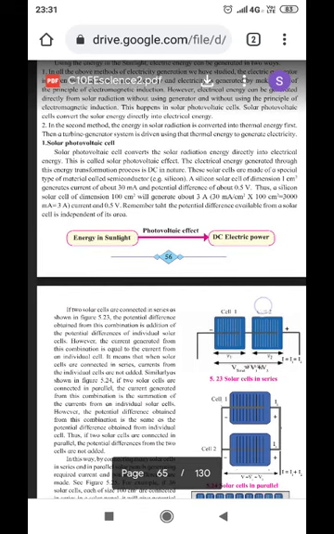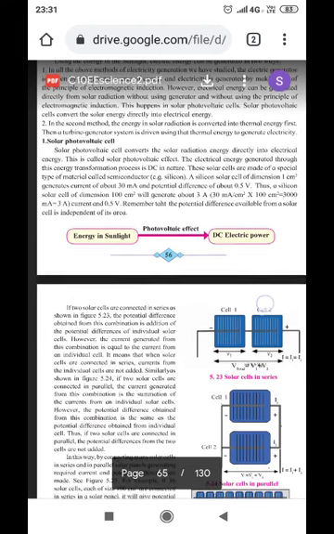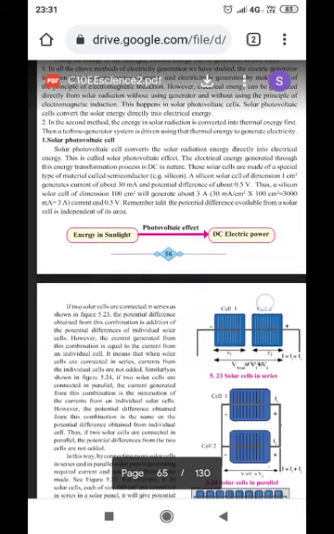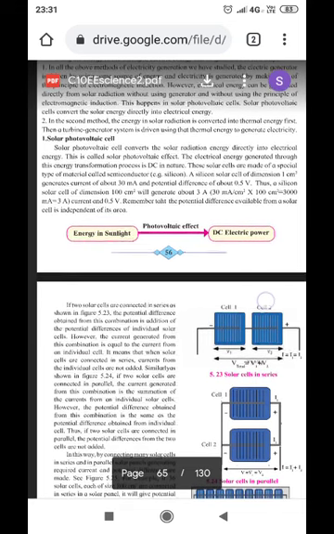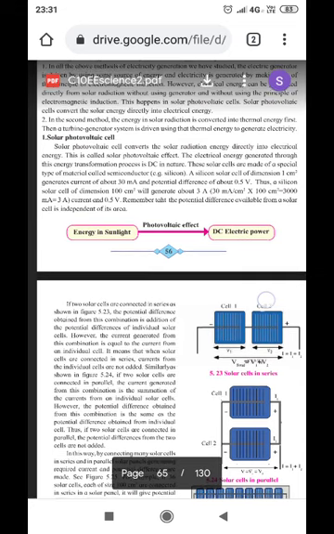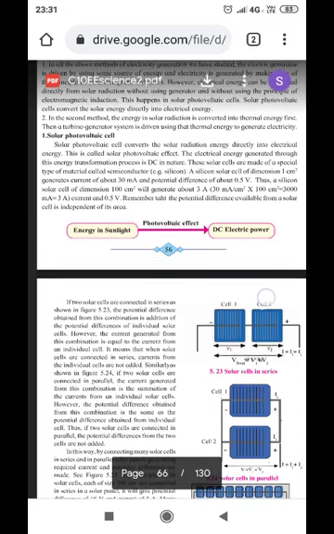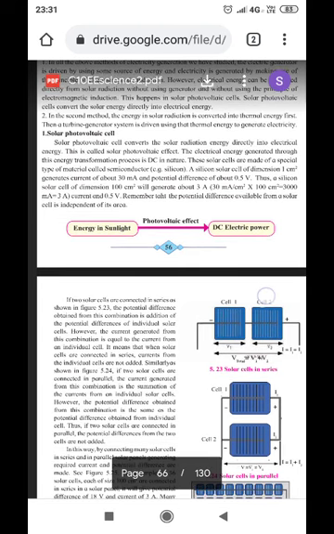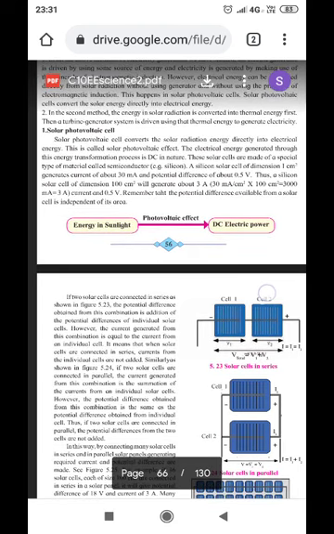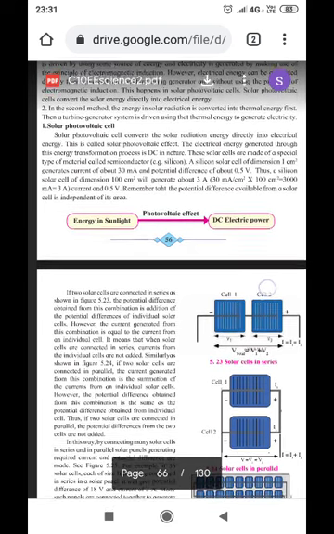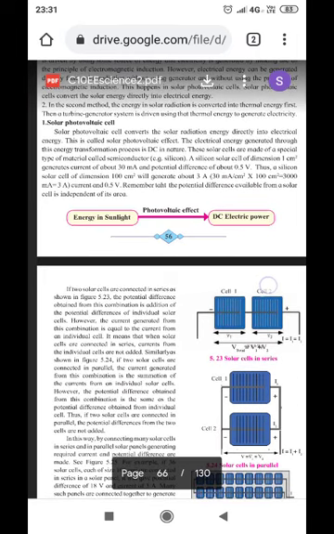Thus, a silicon solar cell of 100 centimeters square can generate about 3 ampere, that is approximately 30 milliampere per centimeter square times 100 centimeters square, which is 3000 milliampere or 3 ampere of current, and 0.45 volt. Remember that the potential difference available from the solar cell is independent of its area.